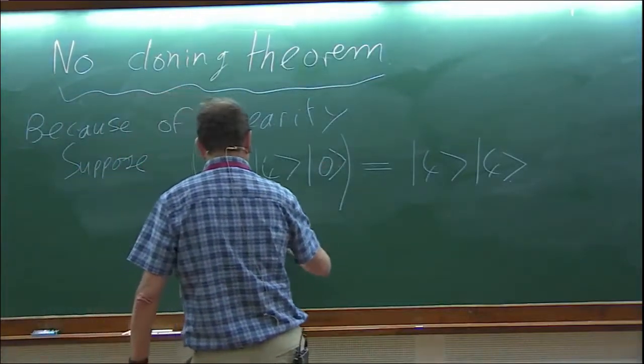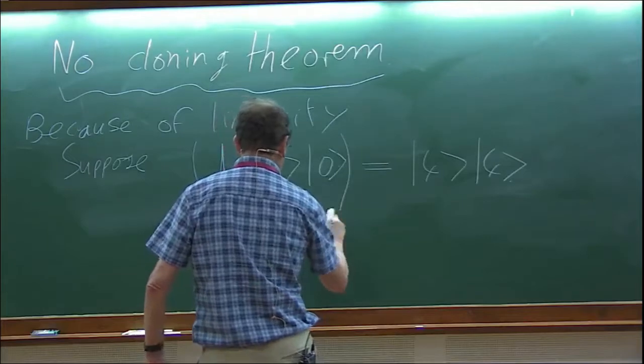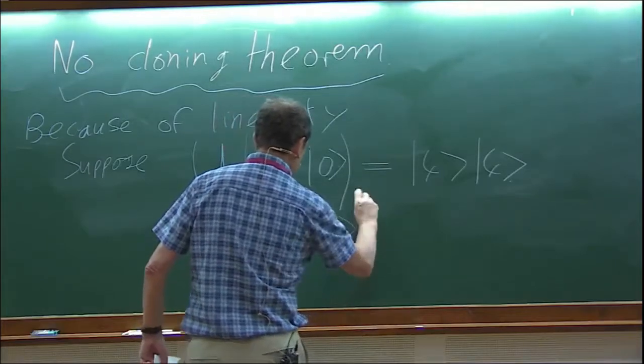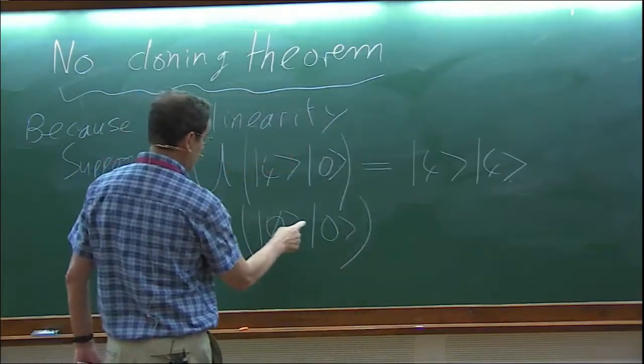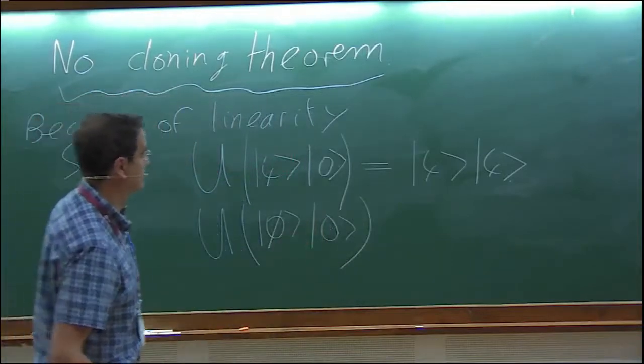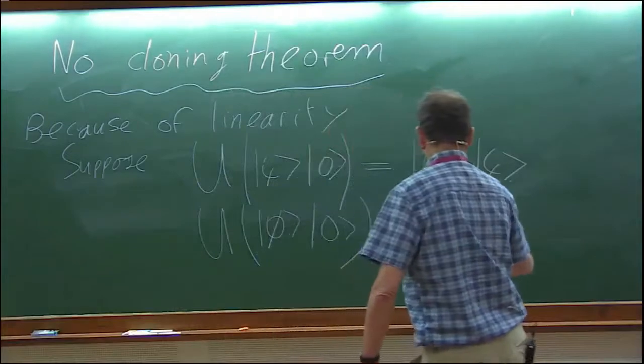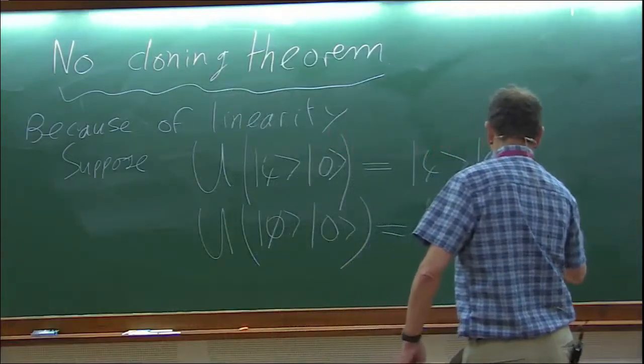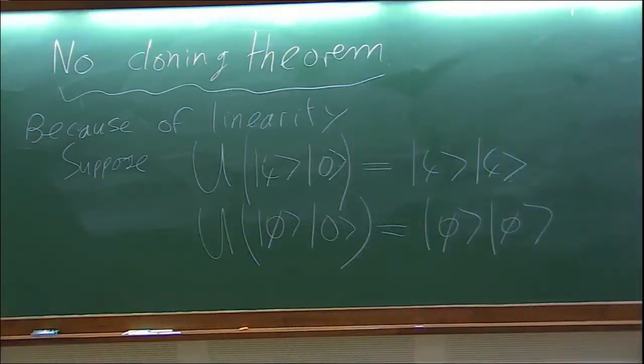Then let's consider the same thing, but for a different state, phi, which we want to copy into this other register, which is initialized to 0. Supposing, at least for some psi and some phi, we could do that.